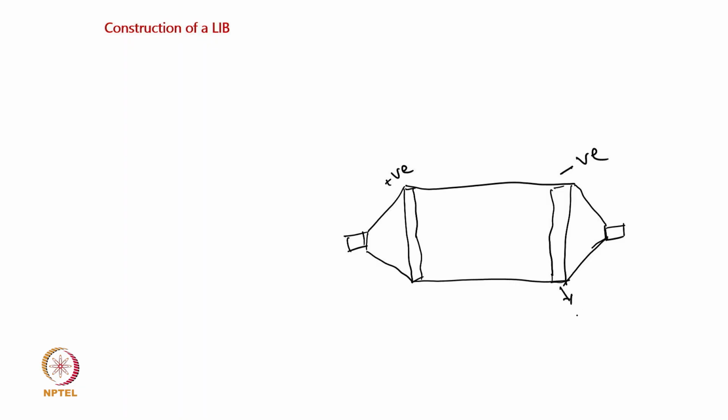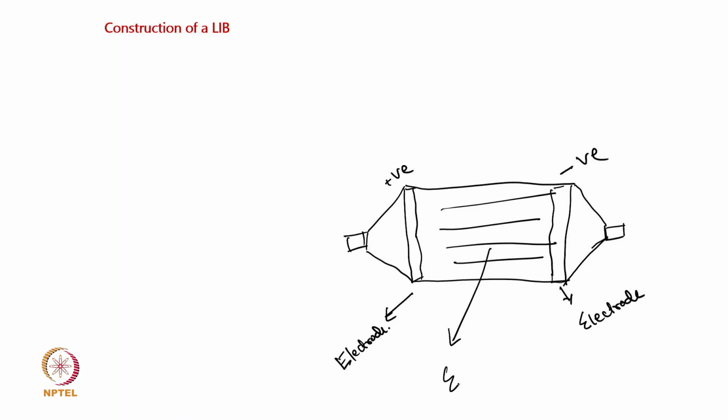So, there are two electrodes. This is one electrode, this is another electrode, and then we have connection outside, and then in between I have electrolyte, then I have a separator. So, alright, this is the construction of a lithium ion battery.